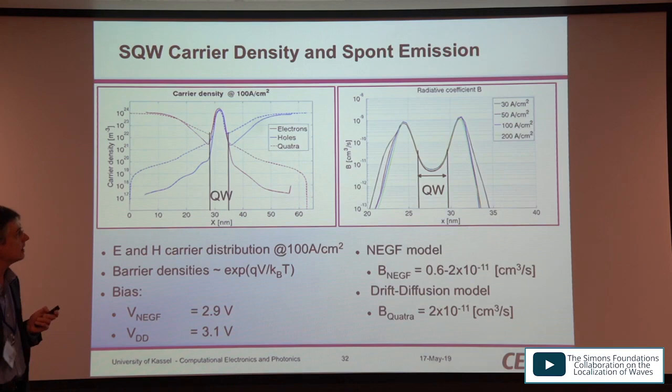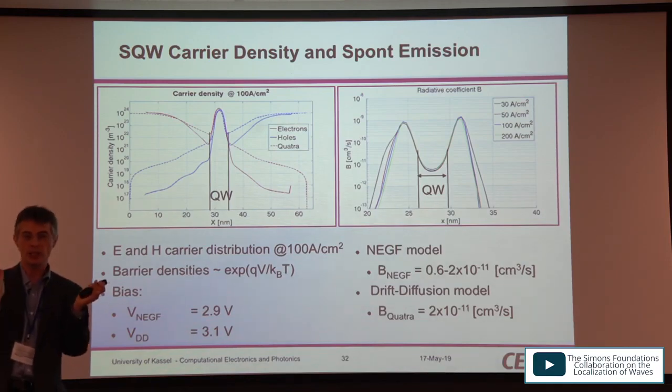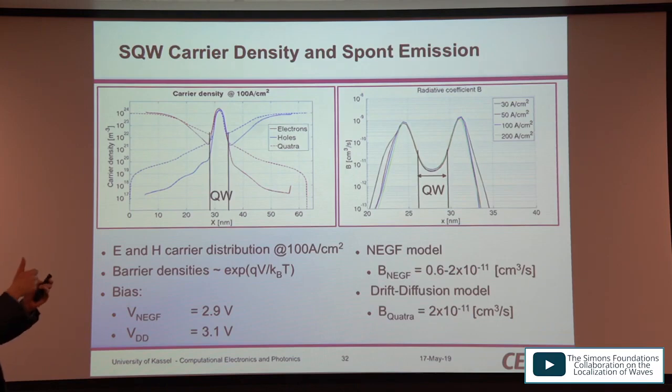Now, what we did is we took the carrier densities that we have in the active region and actually extracted a B coefficient. So you can say, well, the simplest model is B times N times P, and so if you have N and P, then you can extract an effective B, so to speak. Of course, that's not energy resolved, not k-space resolved, but it gives you a rule of thumb, so to speak.